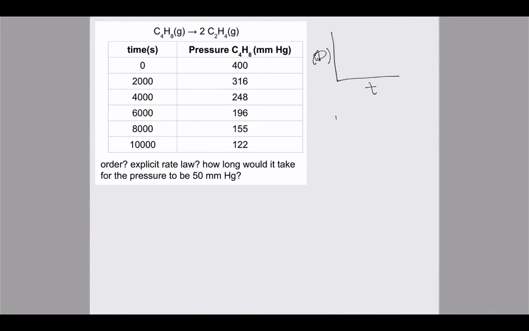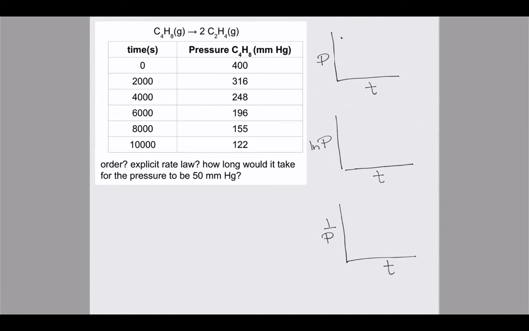A second graph is the natural log of the pressure with respect to time. And a third is 1 over pressure with respect to time. Okay, so you're going to make these 3 graphs.